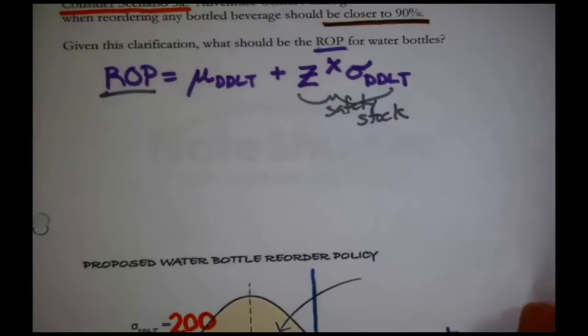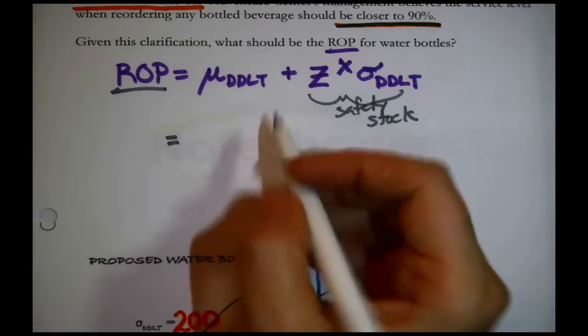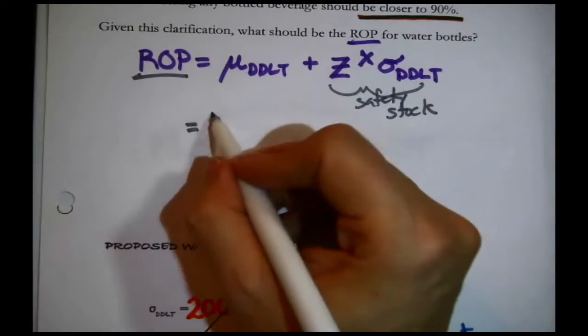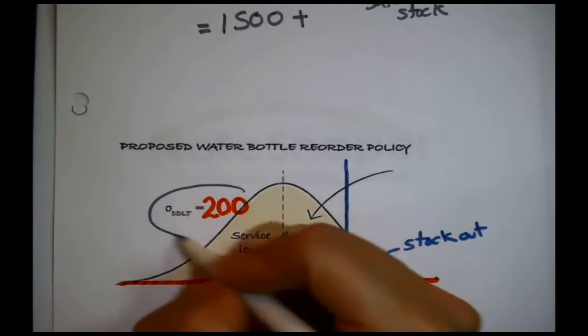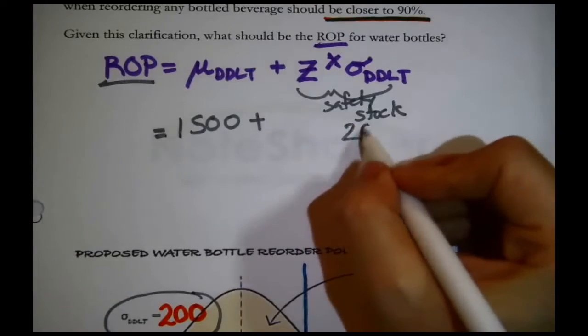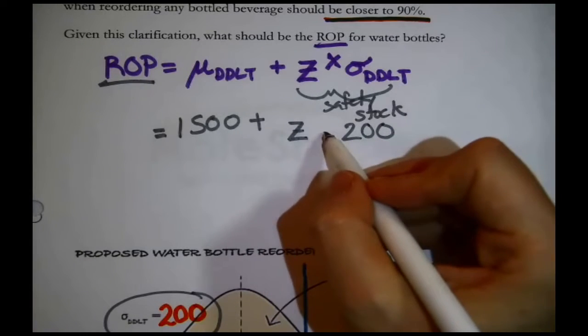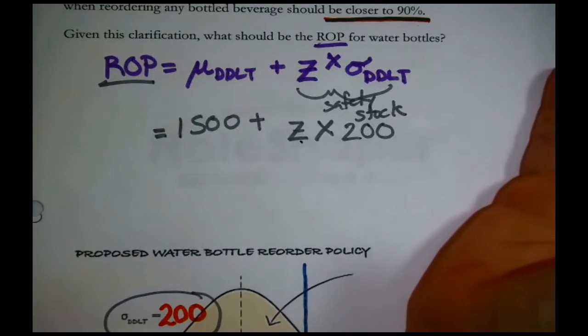True, you're after the reorder point. You almost have everything you need. You know the average demand during lead time, which is 1500, and you actually have the standard deviation, the 200. What you don't have right now is z. If you had it, you could drop it in there and we'd be done. We'd have the reorder point.